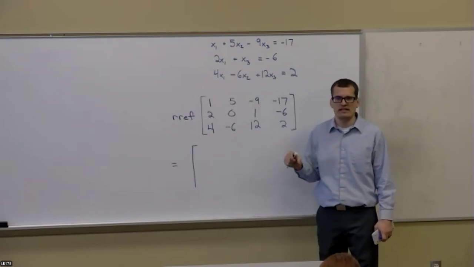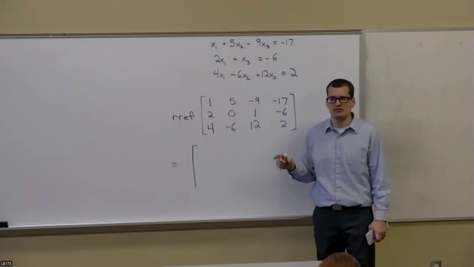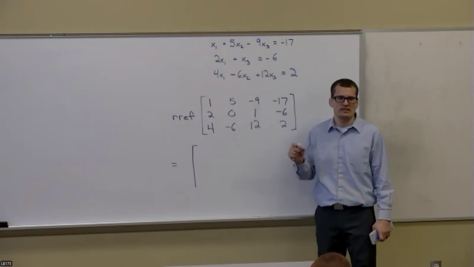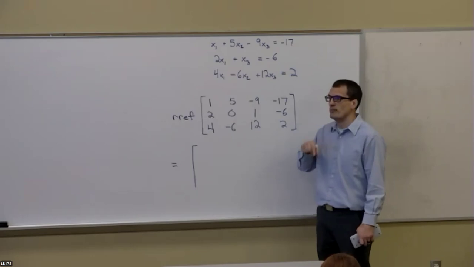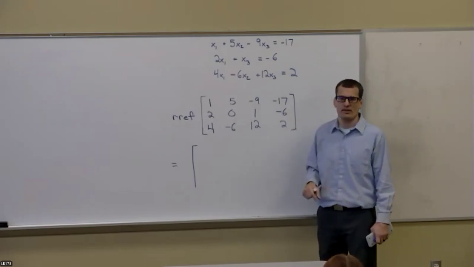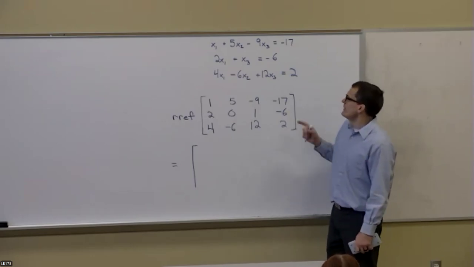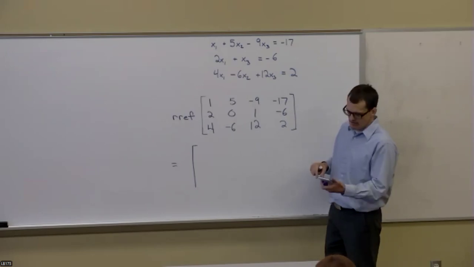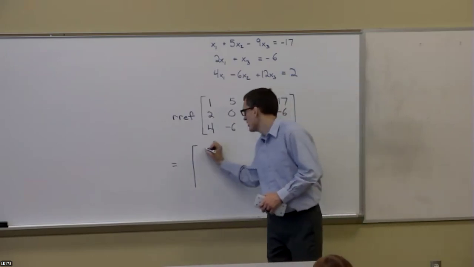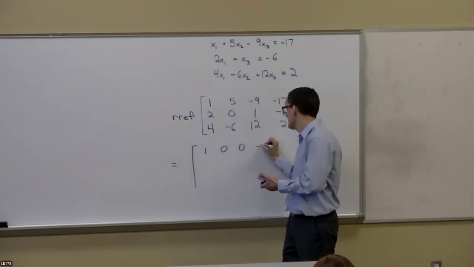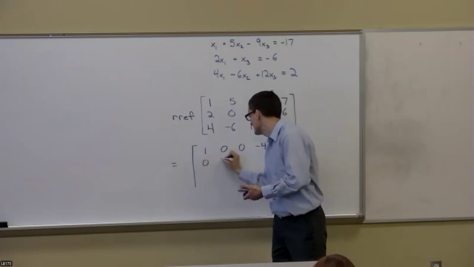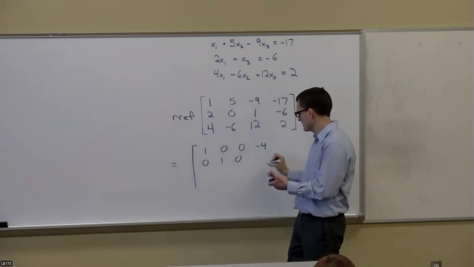Then we got down to two equations, two variables, and then we eliminated another one. Then we got down to one equation with one variable. And then we had to go back and plug everything in. When you do row reduced echelon form, everything is just faster on your calculator.